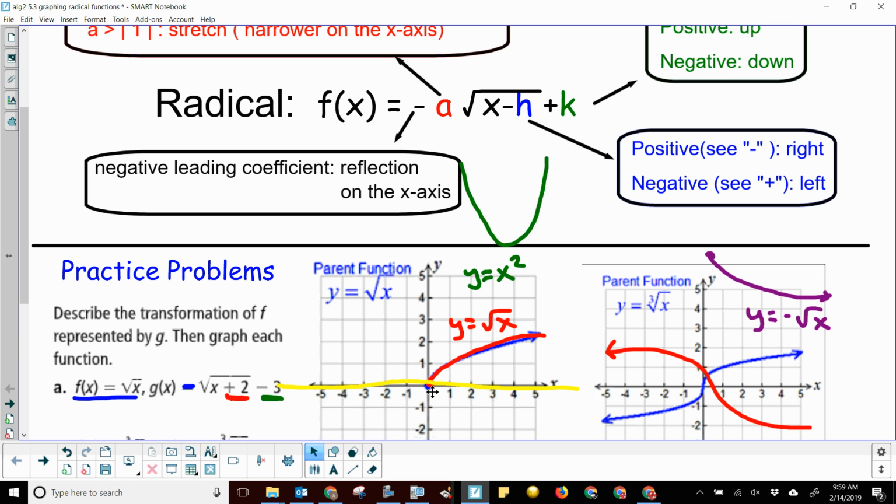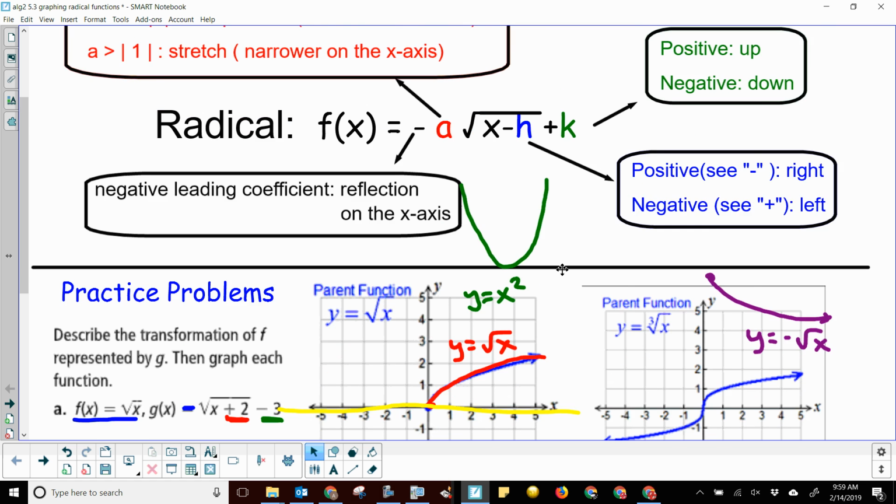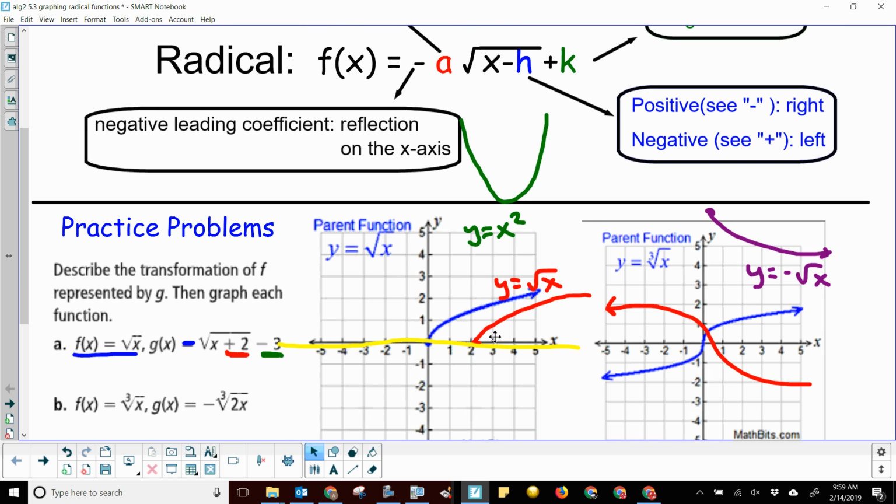Here's our parent graph. And what all this is, the h and k that you wrote down, this is my left, right, up, down movement. Or I can have the same graph, but now it starts there instead, or it starts over here instead.